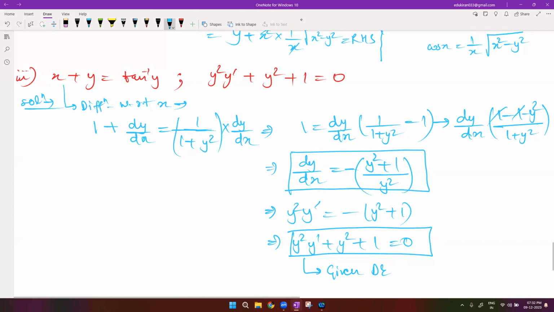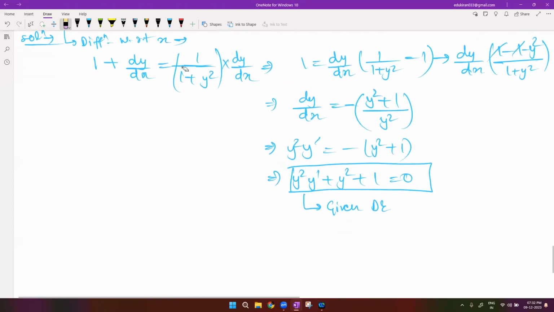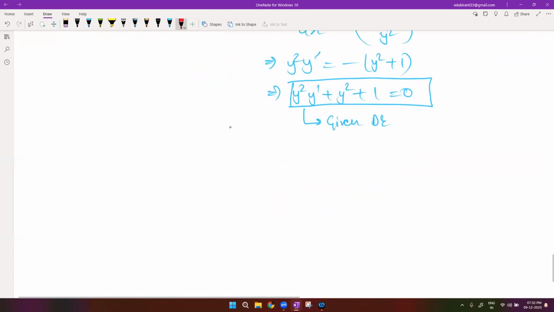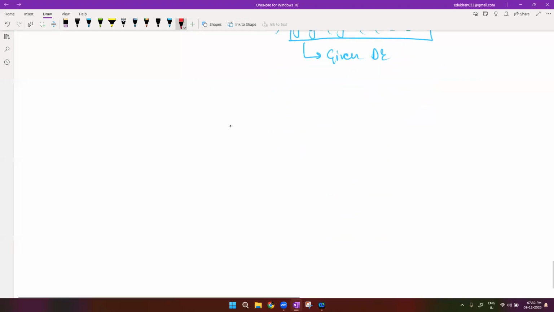Right? So this is one portion where you will have to verify whether the given function is a solution of the given differential equation or not. Right? Now, the next topic is how to form a differential equation.